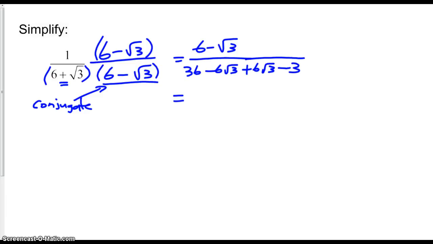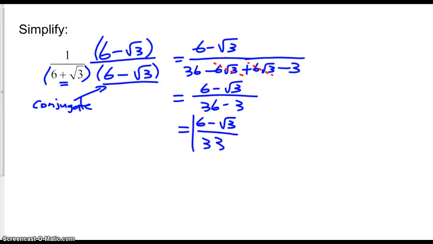All right. So the reason we use a conjugate is that when you use the same numbers but change the sign from plus to minus, you will always have this form of cancellation in the two terms that have a square root. So this effectively makes those go away, because I'm left with 36 minus 3, which is just a number: 6 minus square root of 3 over 33.